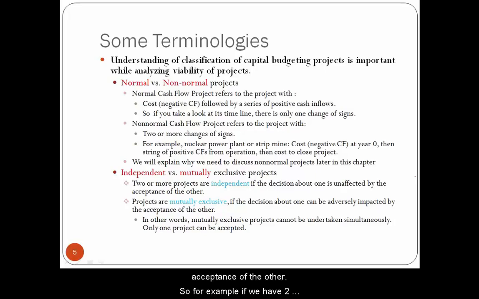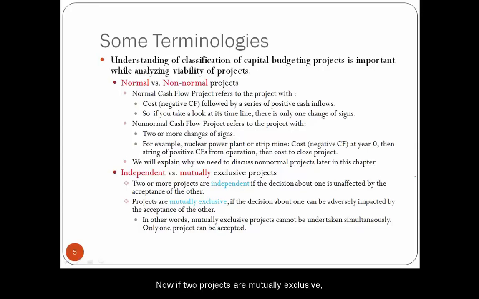So for example, if we have two projects, A and B, and they are independent, then if you think A is good enough, you take A, and also if you think B is good enough, you will also take B. So accepting A does not affect your decision about project B, and accepting B will not affect your decision about A.